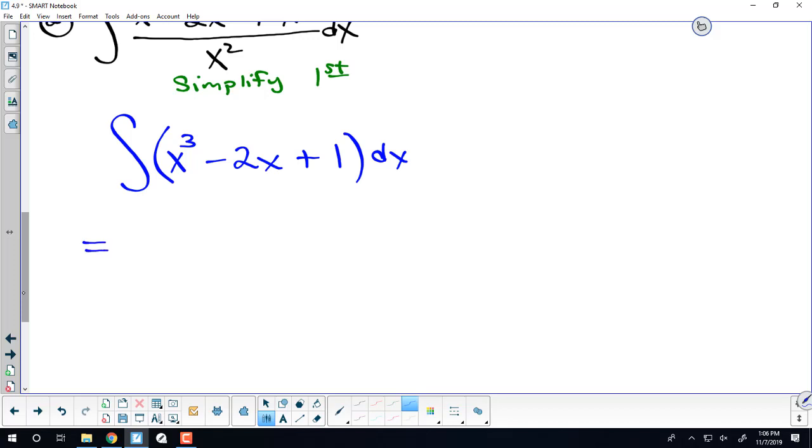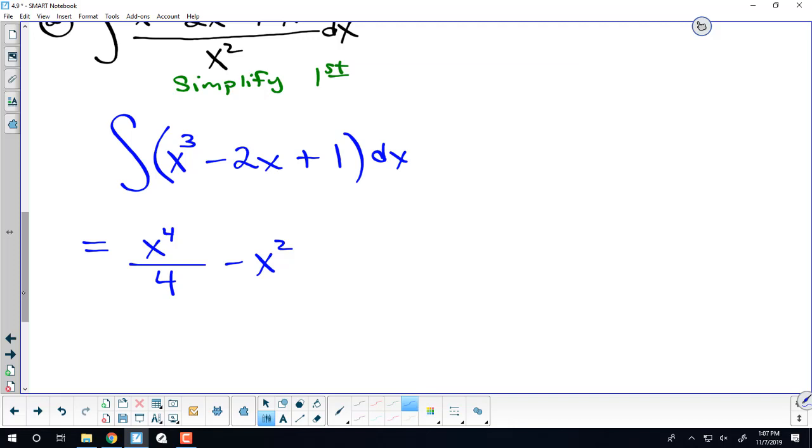So what is the antiderivative of x cubed? X to the fourth over 4. We add 1 to the power that's present, and then we divide by the same result. What's the antiderivative of minus 2x? Minus x squared. Does everybody agree with that? Take the derivative of negative x squared to get negative 2x.